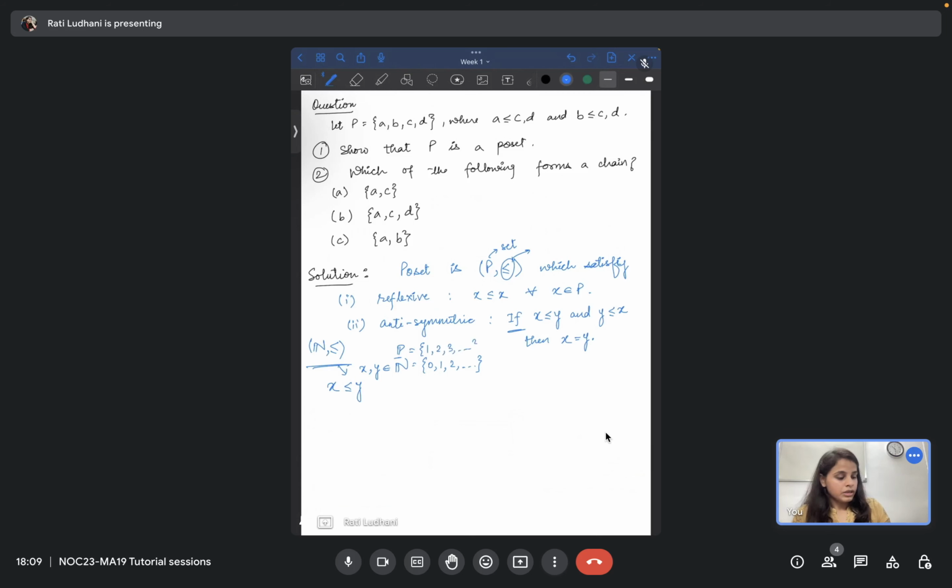If x is less than or equal to y and y is less than or equal to x, then this implies x is equal to y, because if one number is less than or equal to the other, then the other way around is not possible if those elements are different in natural numbers. So this property should be satisfied. Is that okay?